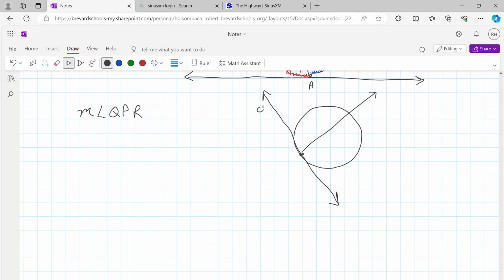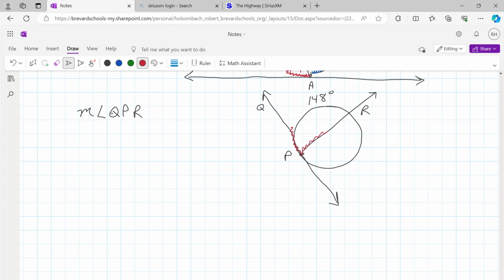Here's Q, P, and R. You're told that arc RP is 148 degrees. So angle QPR is right here, and the 148 is its intercepted arc.